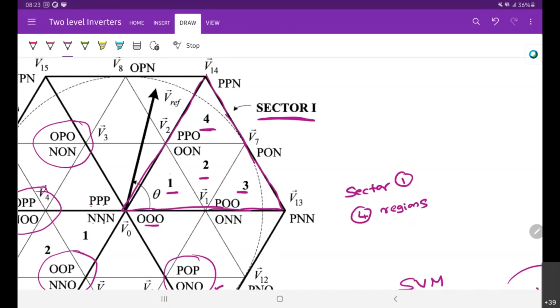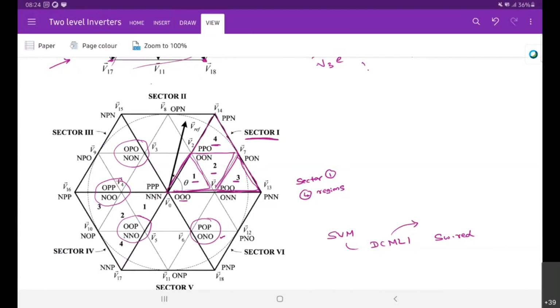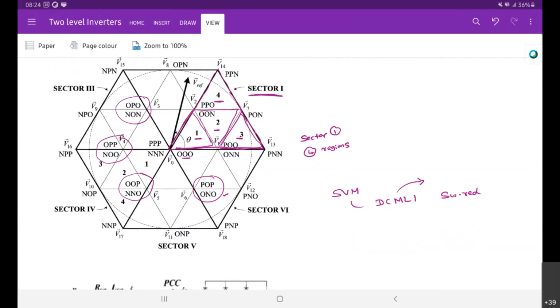These small triangles are normally called regions. Is it clear?